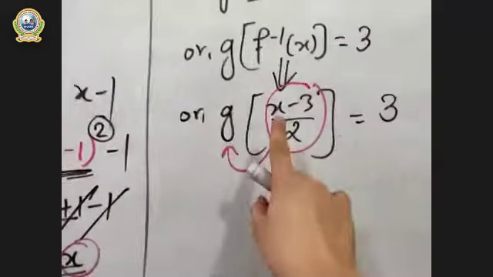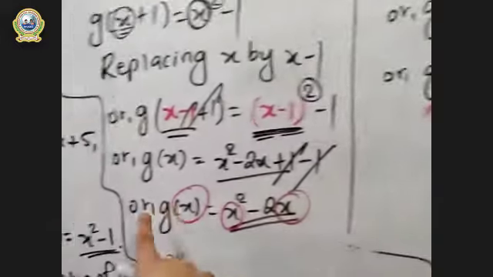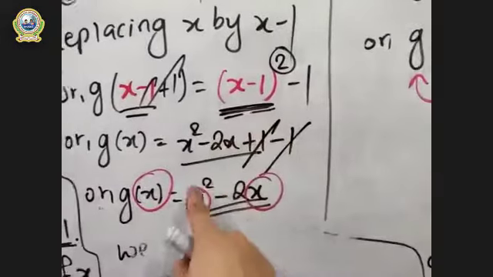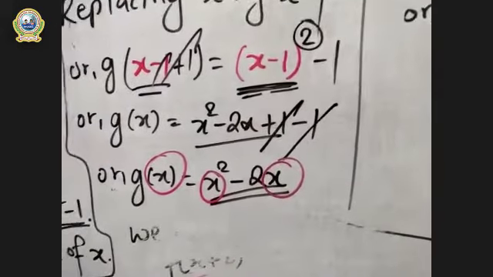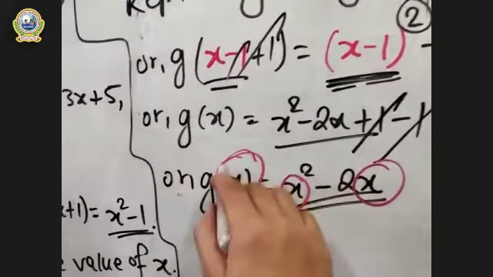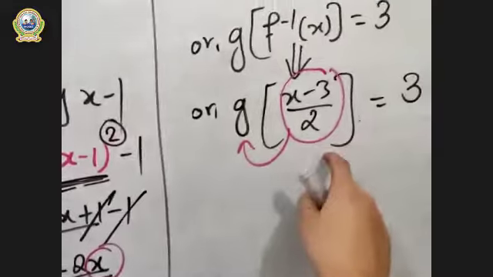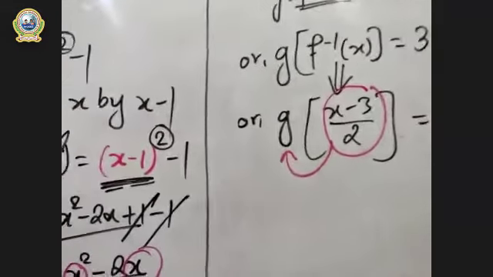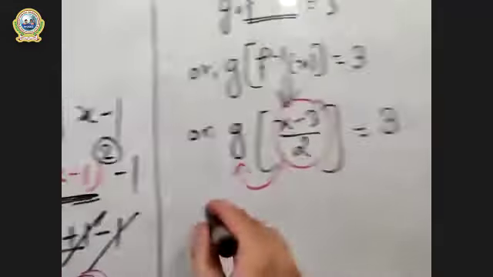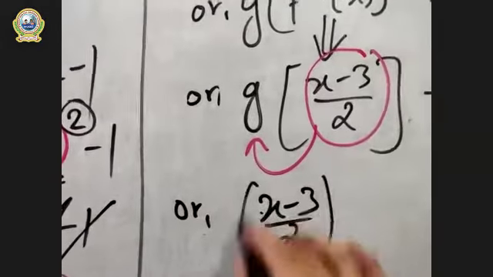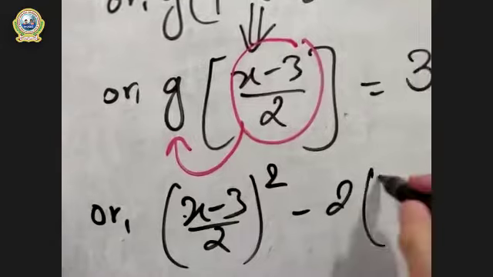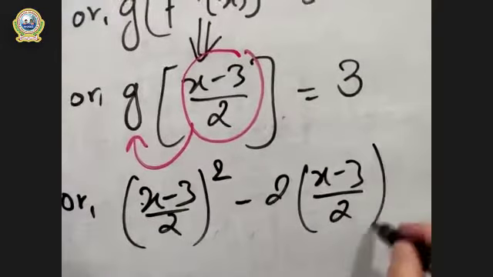So now g this will be this square minus 2 this. It will be like that. Is it clear? So replace this x by x minus 3 by 2. So now it will look like x minus 3 by 2 whole square minus 2 times x minus 3 by 2 is equal to 3.